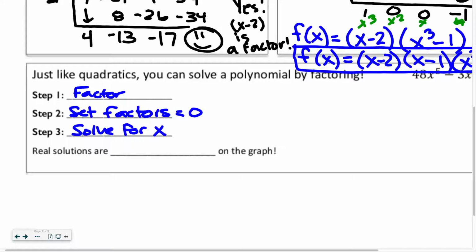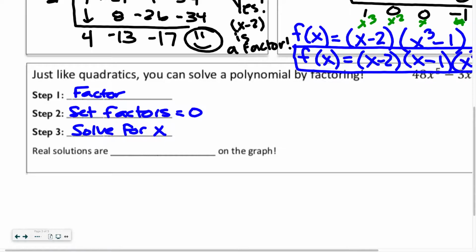You could continue to factor. You may end up at some point in this chapter with quadratics that don't factor as your end factors, just like that one above. Well, then you would do quadratic formula if you wanted to find the imaginary solution. So remember, you have quadratic formula as a tool.